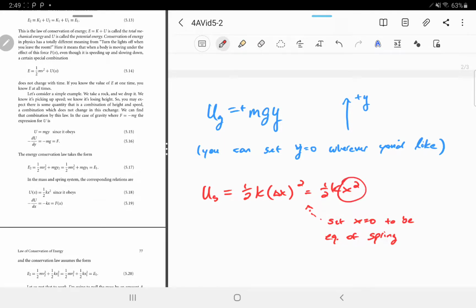And notice because of the squared, it doesn't matter whether x is positive or negative. If you take a spring and you stretch it by 1 centimeter, it's storing the same amount of energy as if you compress it by 1 centimeter. So x is just keeping track of how much the spring is stretched or compressed relative to its relaxed length. And that's how much energy is stored in that spring.